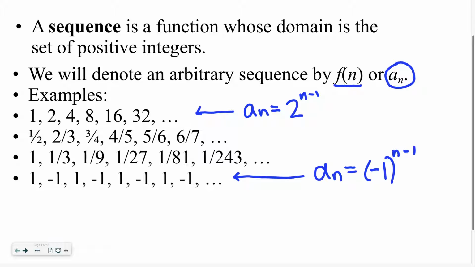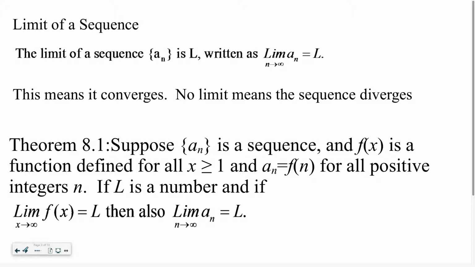So over here, when we talked about this, if we have a function that has a limit, then that means our sequence will have a limit. The converse of that is not true. If our sequence has a limit, that doesn't necessarily mean that our function will have a limit.